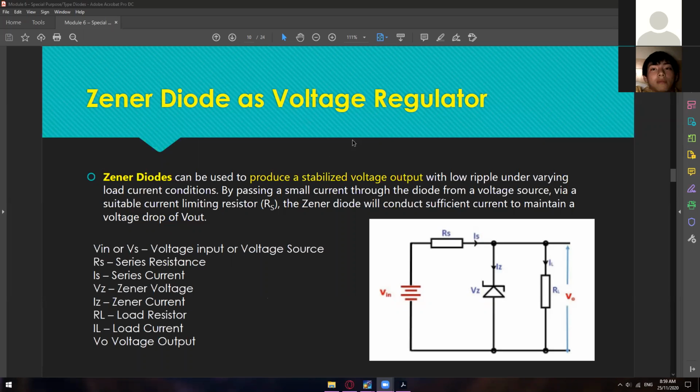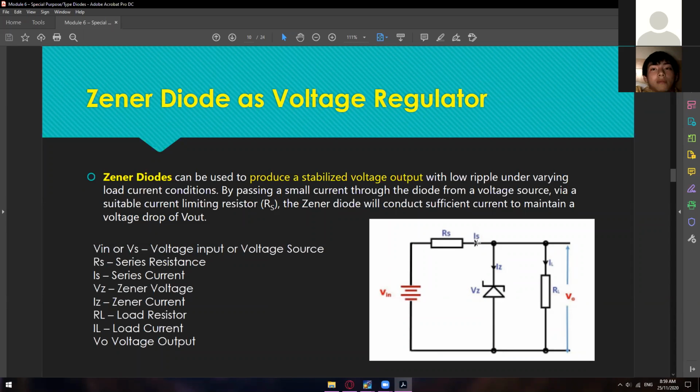Okay, as I was saying a while ago, this is a voltage regulator wherein our Zener diode is in a parallel connection. Let me explain the acronyms RS, VC, VIN. VIN or VS is our voltage input, the voltage source. RS is the series resistance.